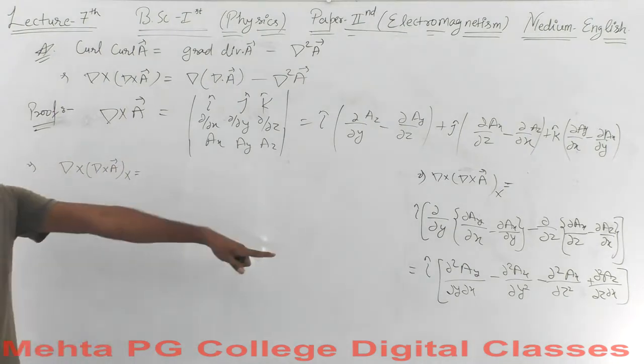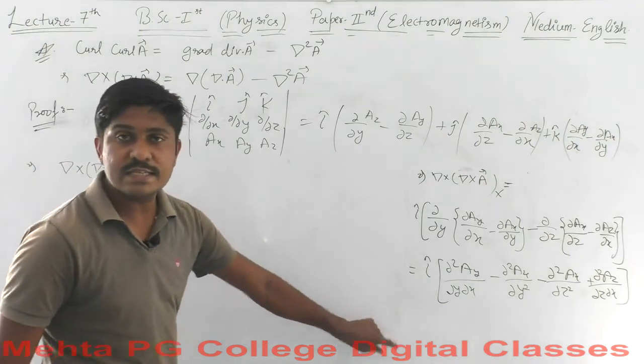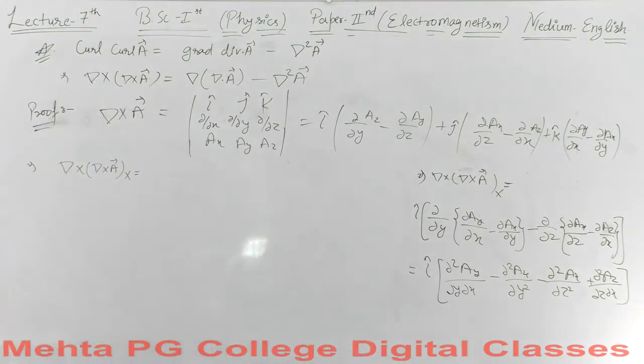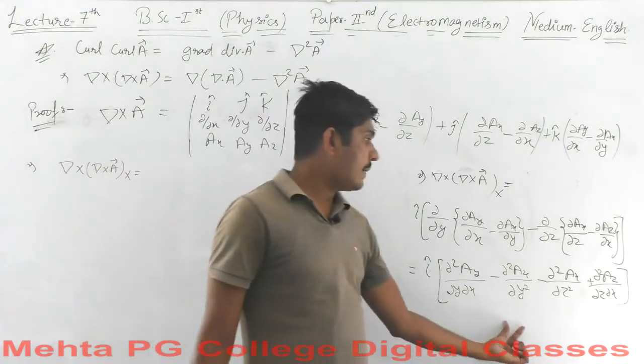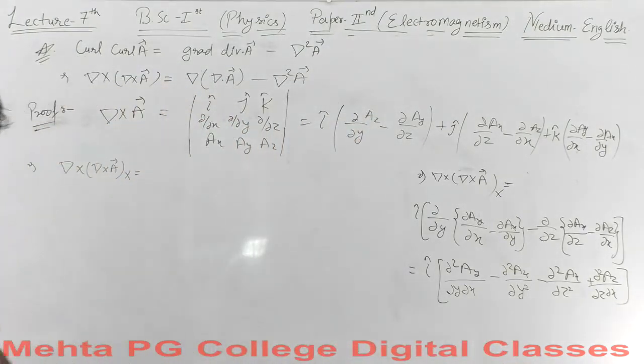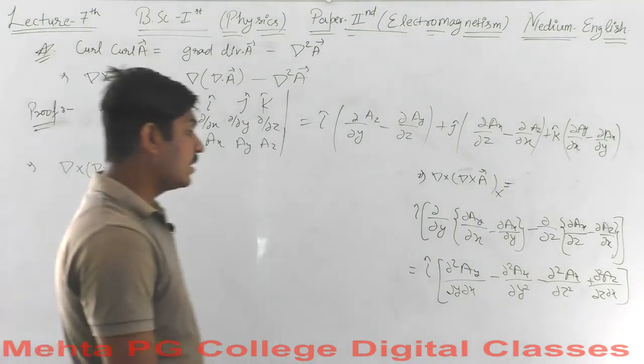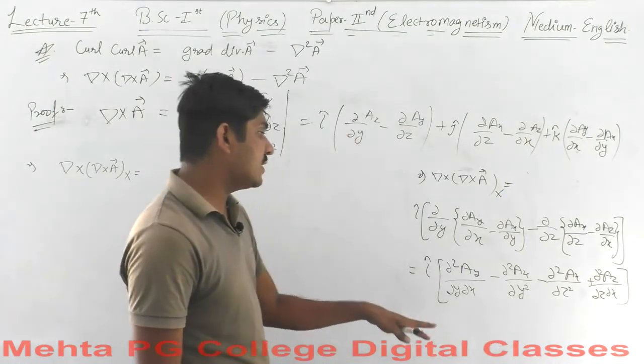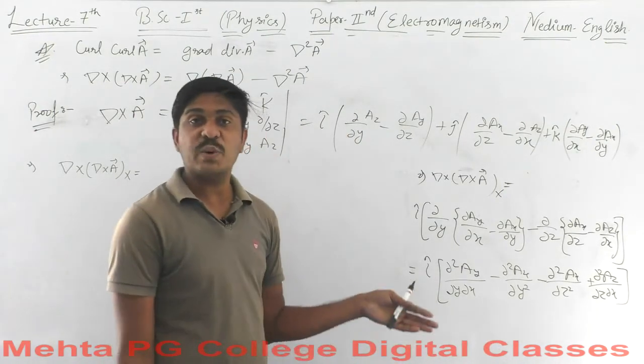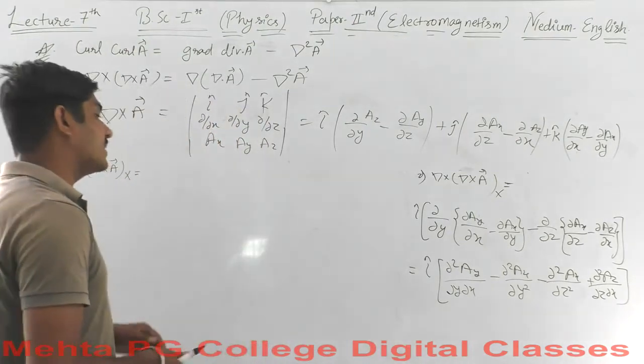For the x component we have written down this equation here. We will solve this. This A component must have a few more values, so let me add and subtract a value and complete all this. This doesn't have the value ∂²Ax/∂x², and then the value will be completed.